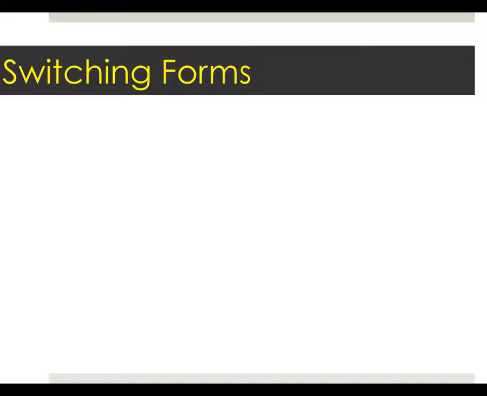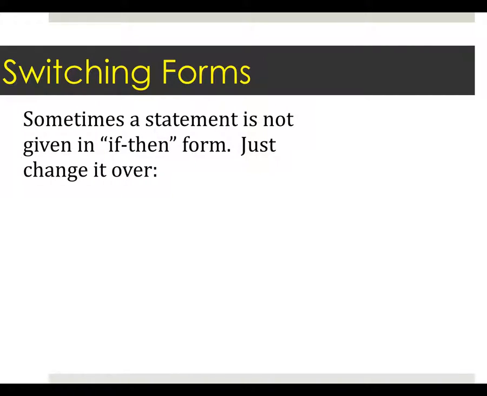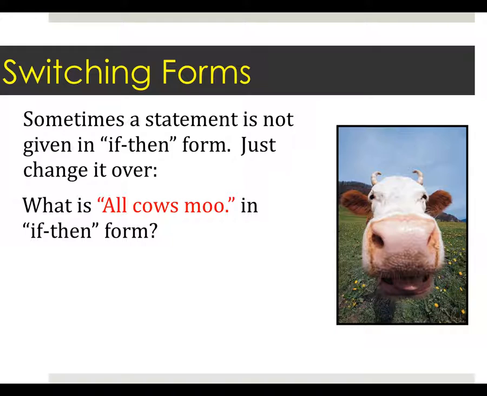You're going to have to be able to switch back and forth between the different ways sentences are structured. So for instance, if I have something that says, all cows moo, then I'd like to be able to write that in if-then form. So you have to figure out what am I starting with and what am I ending with. For this one, it's pretty straightforward. Am I starting with a cow or am I starting with mooing?